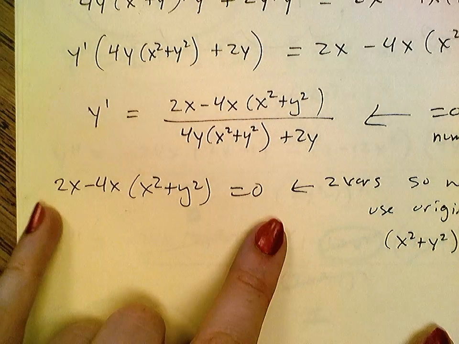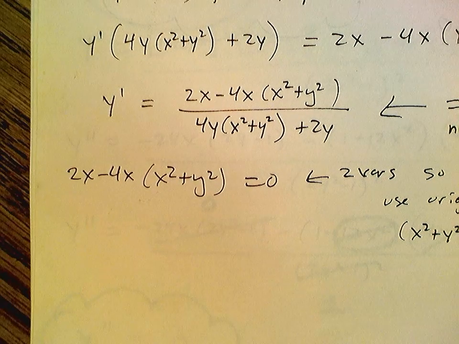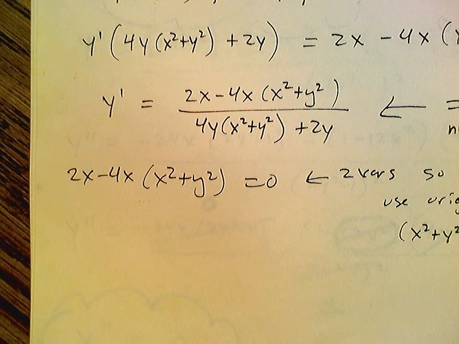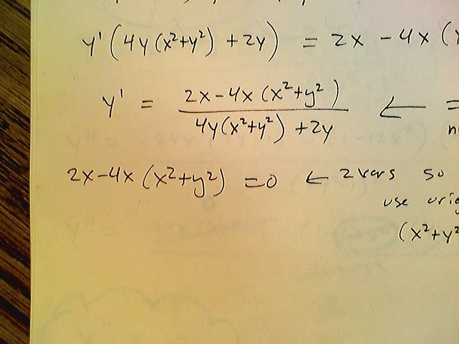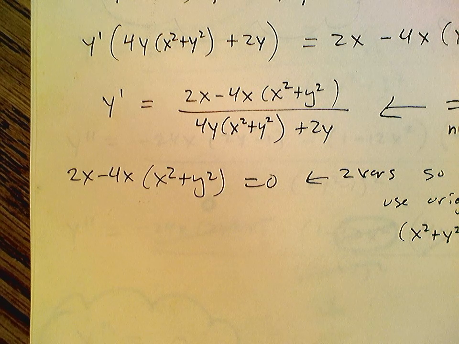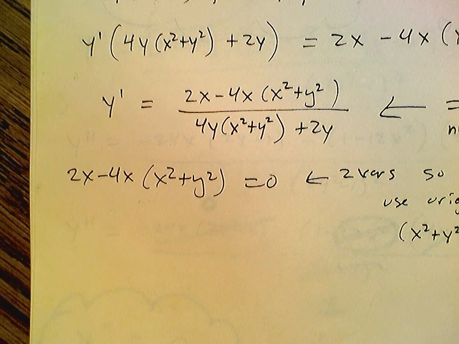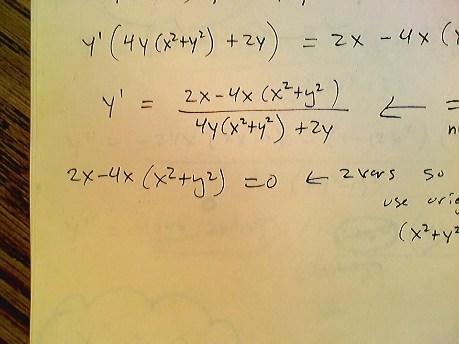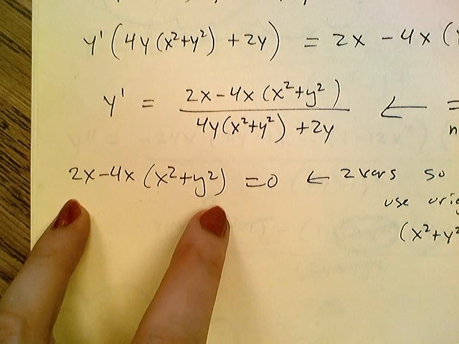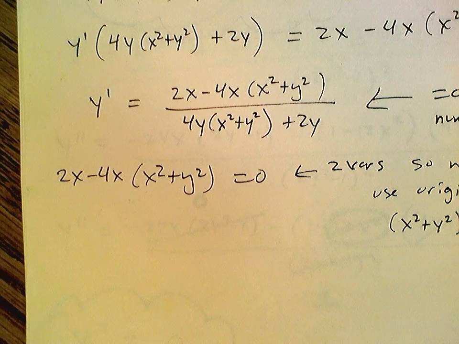So this is complicated. I guess it probably makes the most sense to solve for y here and then plug it in there. The one on the test will not be this hard, I promise.